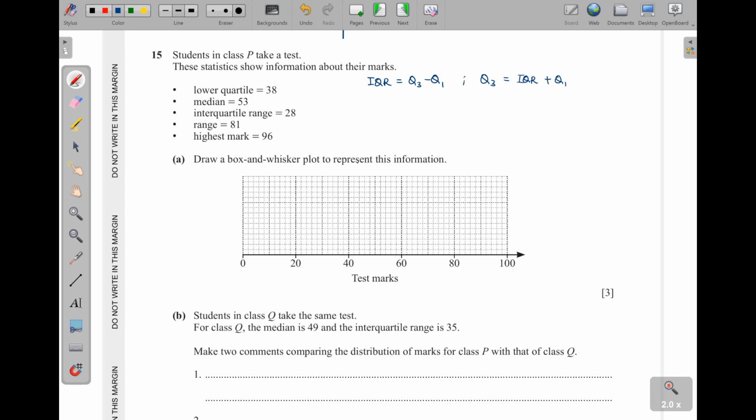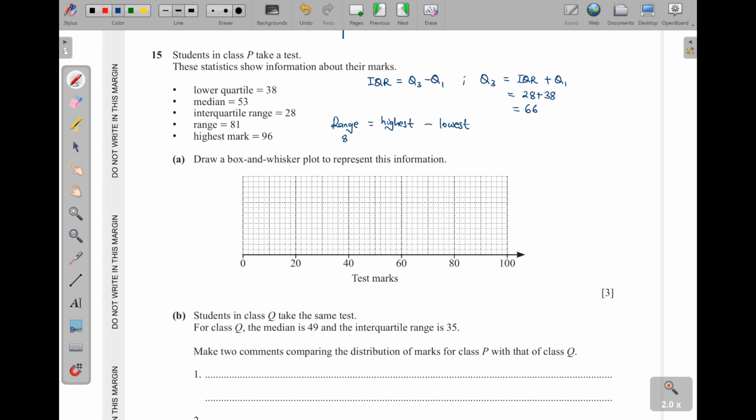So our IQR is given as 28, then we add 38, and this one will give us 66. Then also range is equal to the highest value minus the lowest value.